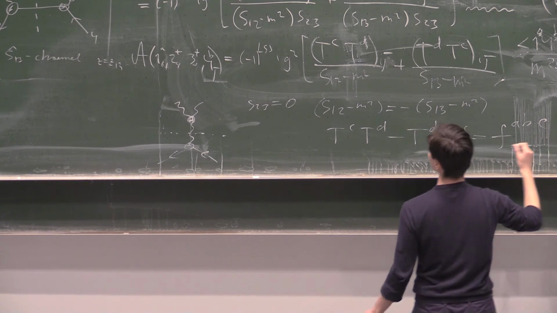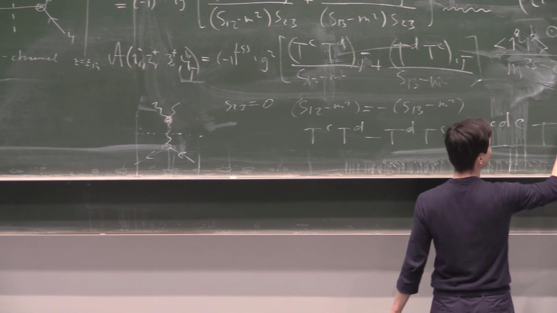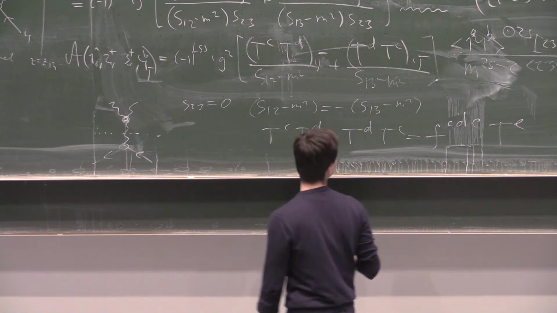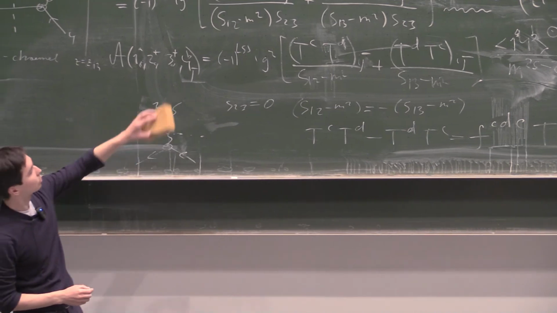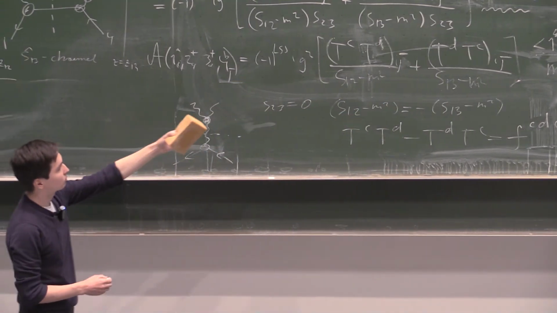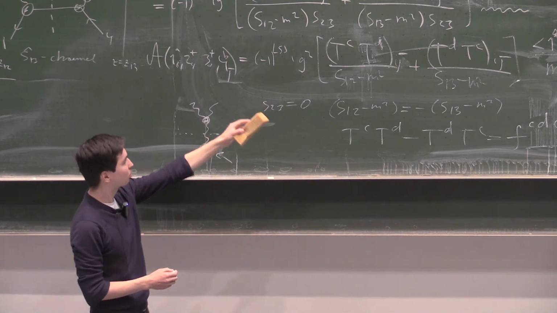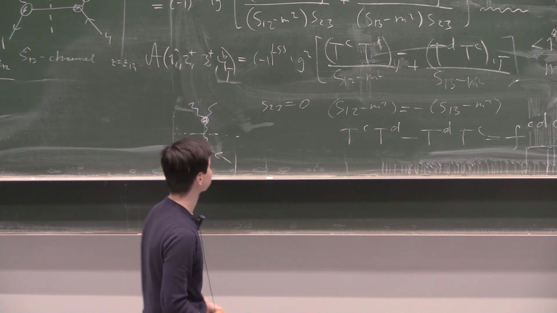So, wait, this is CD. Just the form, the color dressed form that I have, if you just, on the pole, it gives you the right color structure.